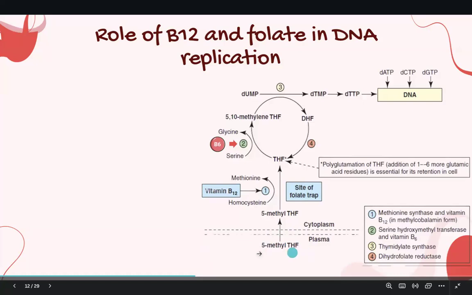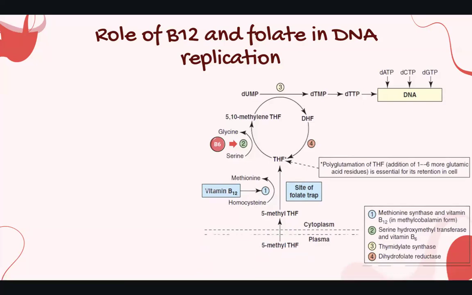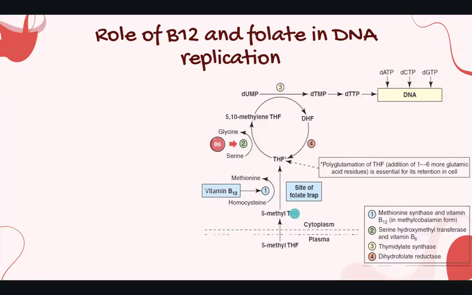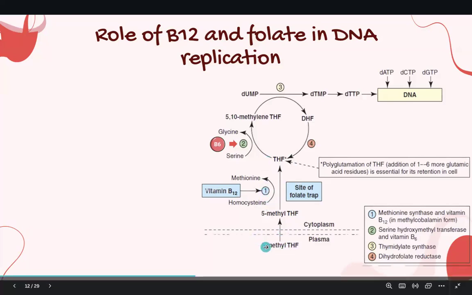It just circulates in the plasma, and whenever it is needed, it crosses the membrane and goes into the cytoplasm of the cell and gets converted into its active form, which is tetrahydrofolate. So tetrahydrofolate is the active form of folate, and 5-methyl tetrahydrofolate is the inactive form. Whenever you need it to be active, it gets converted to tetrahydrofolate.